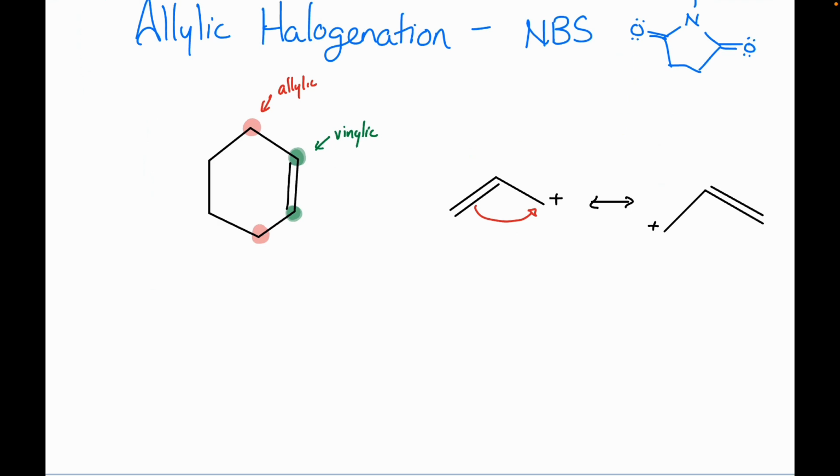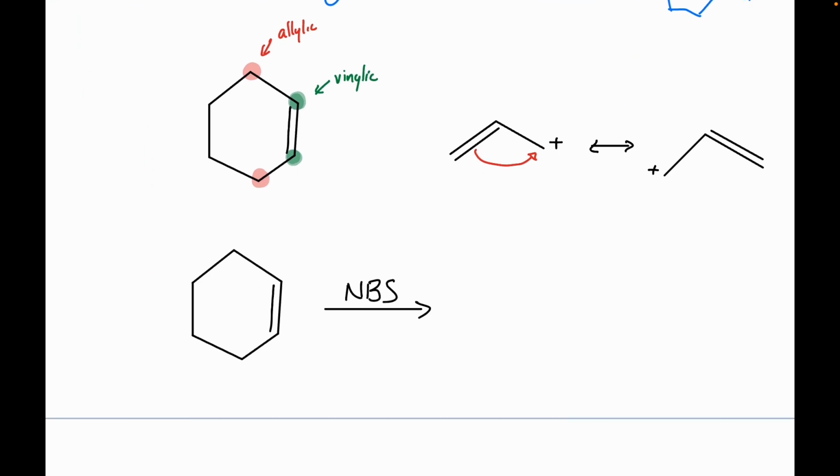Not a trick question? The allylic ones, absolutely. All right, so what NBS does is specifically brominate. There's no chlorine analog here. But it will put a bromine on that allylic position. Notice that it does not break that double bond.